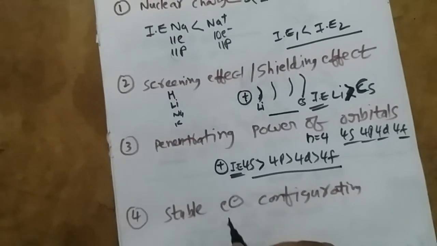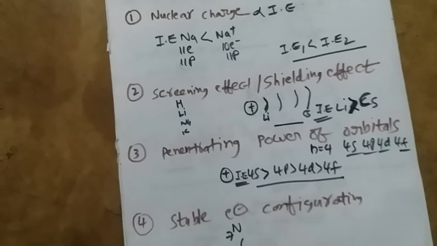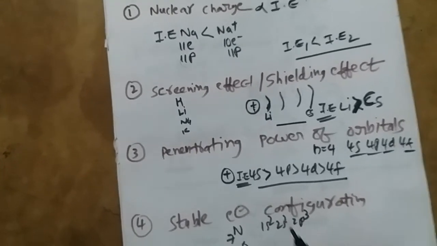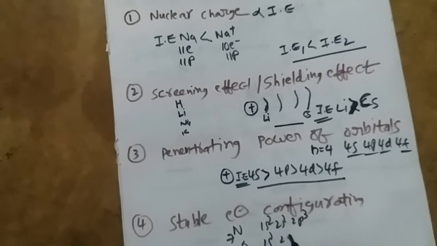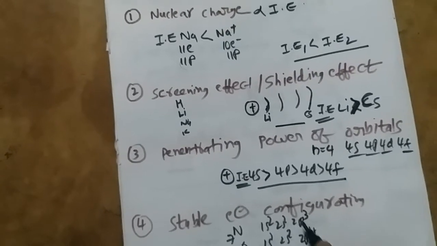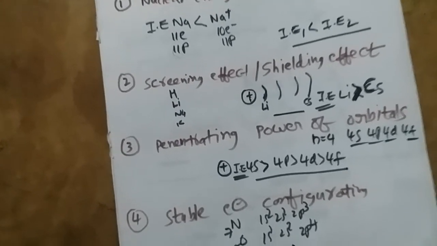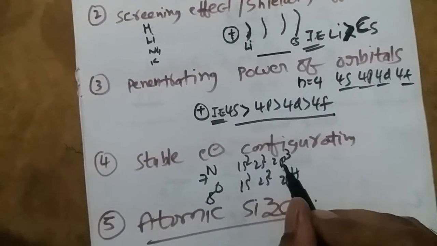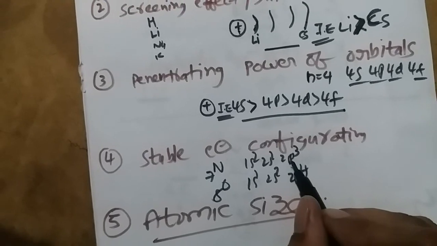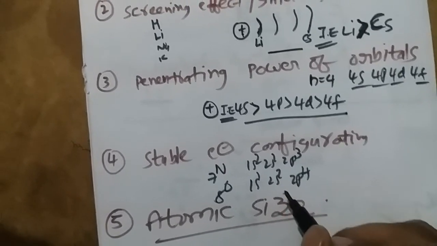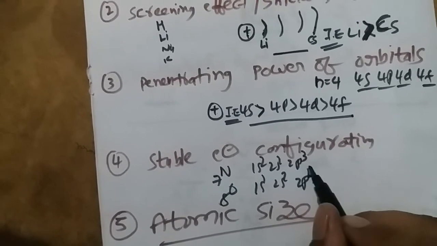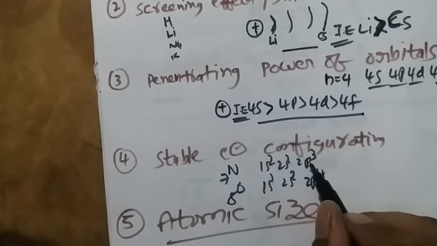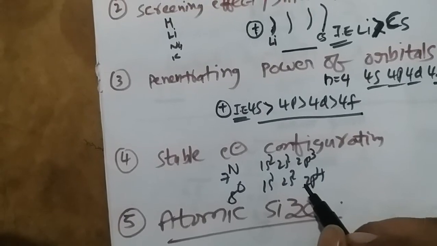Next is stable configuration, for nitrogen 7 and oxygen 8. The nitrogen configuration is 1s2, 2s2, 2p3, and the oxygen configuration is 1s2, 2s2, 2p4. When we compare these two electron configurations, the p orbitals are half filled in nitrogen. According to Max Planck's quantum theory, half-filled or fully filled orbitals give stability to the atom.